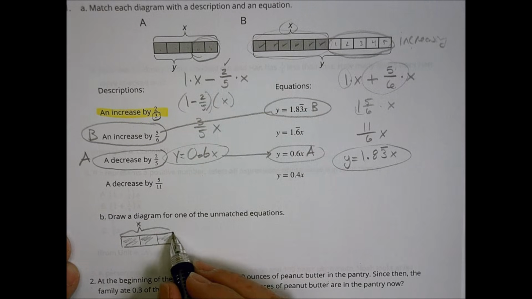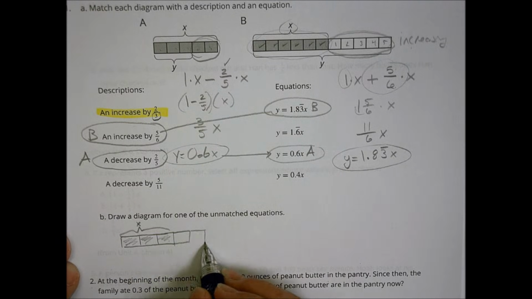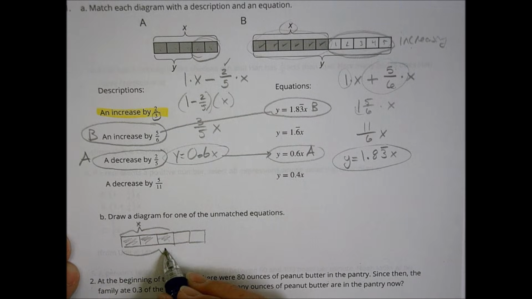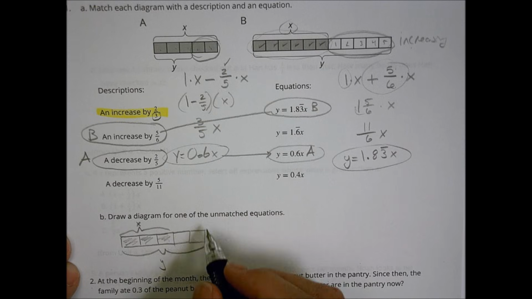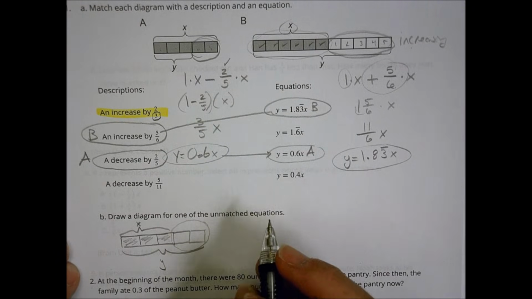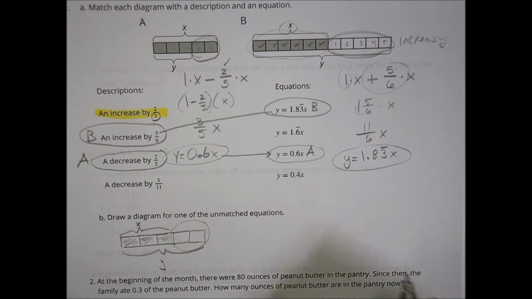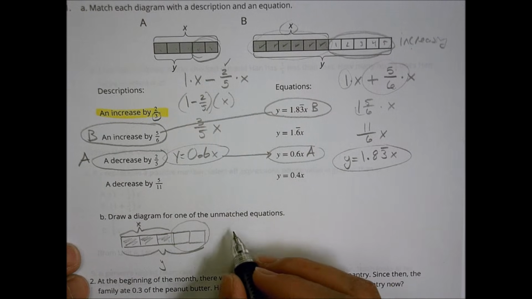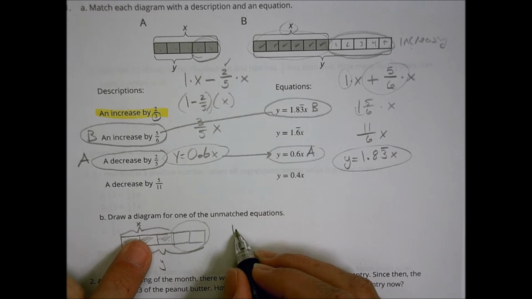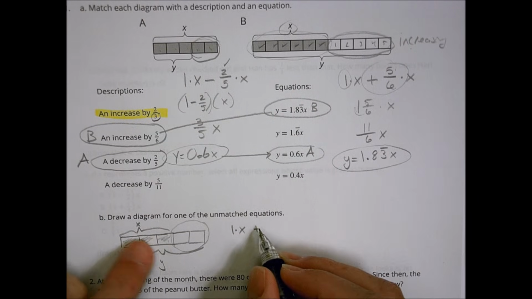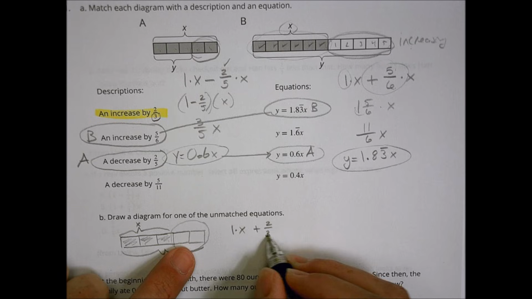So I'm going to add 2 more, and that becomes my y value, right? Because I'm increasing by 2/3. If I wanted to write an equation, which would be a good thing to practice doing, I take my original, 1 times x, and I'm adding to it 2/3 of x.